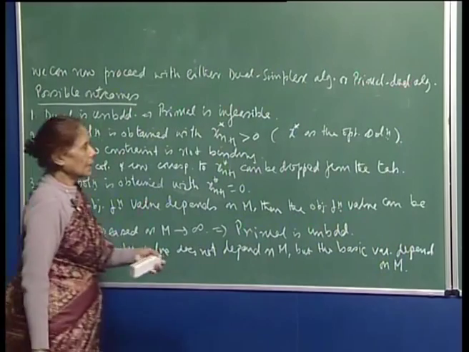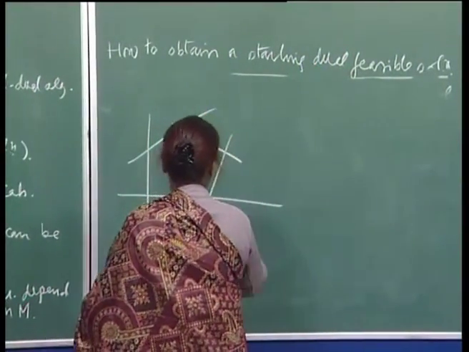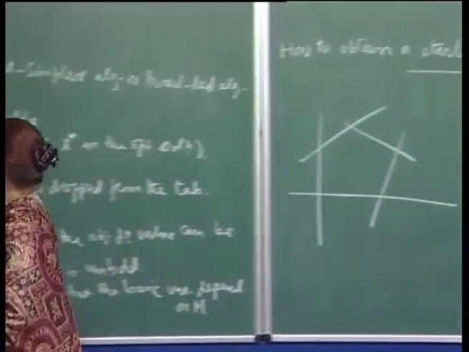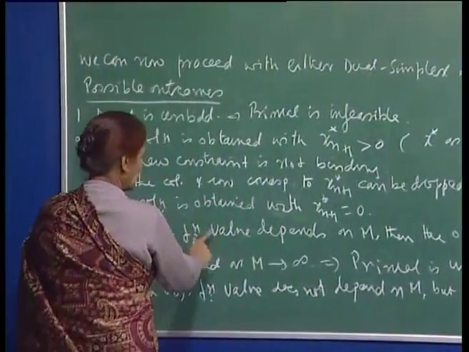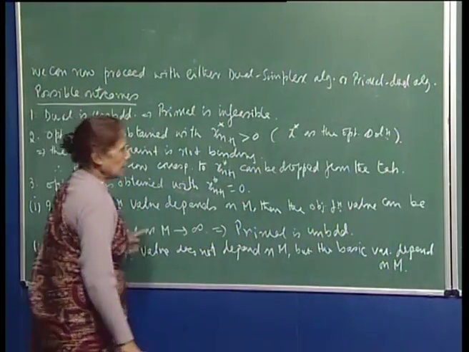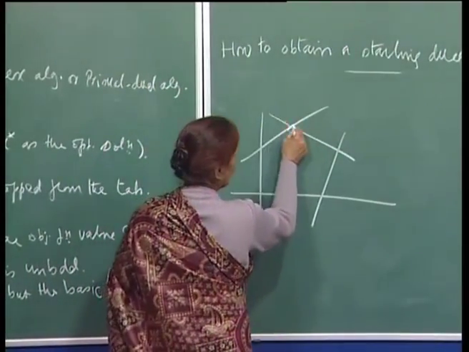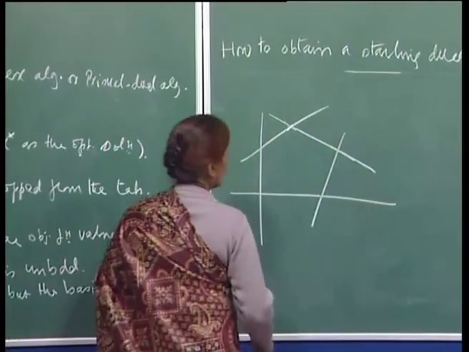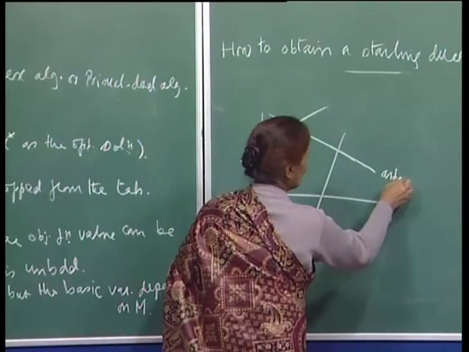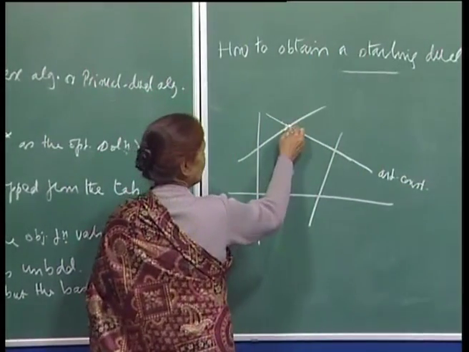The idea here is, suppose a simple example. Here we are saying that the objective function value depends on M, and the objective function value can be decreased. You may be at this point, and this is your artificial constraint, which corresponds to your M. So this is your point.